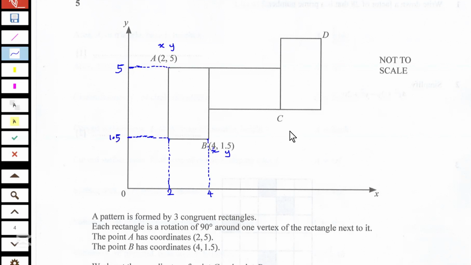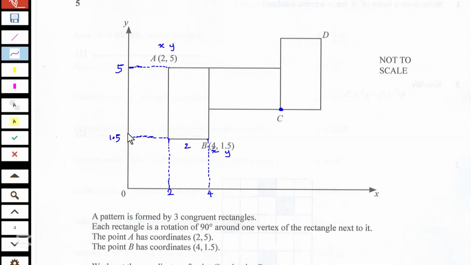Now, before we find the coordinate of point C, we were told that the rectangles are congruent, which means the lengths are equal and the widths are equal. Now, the distance from 2 to 4 means the width of this rectangle is 2.